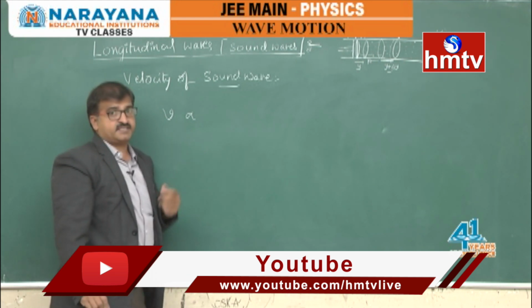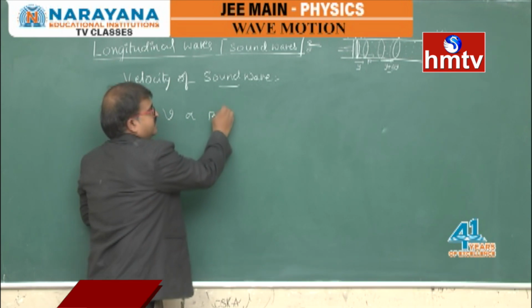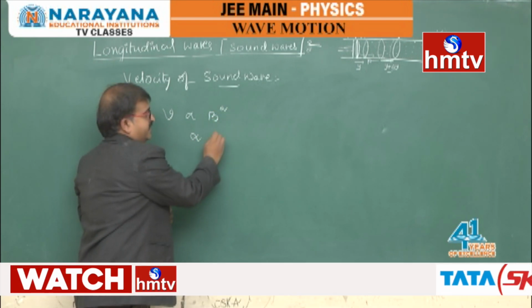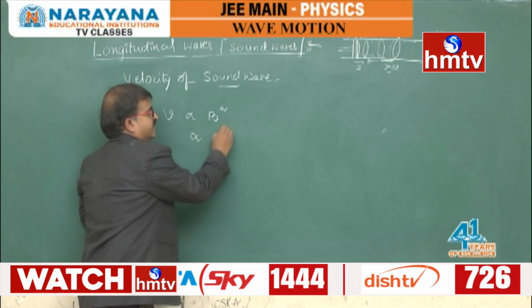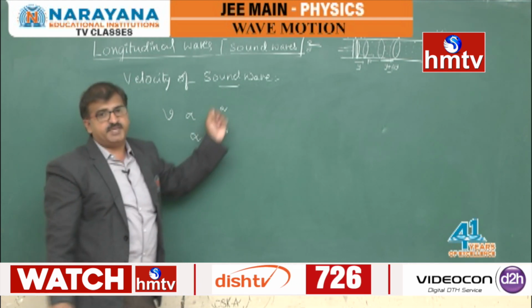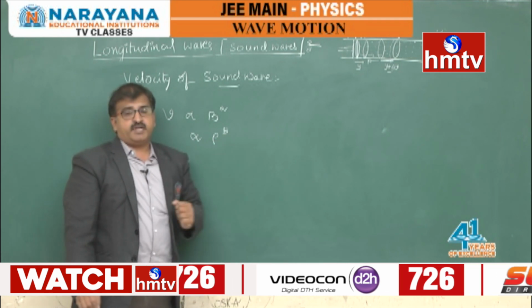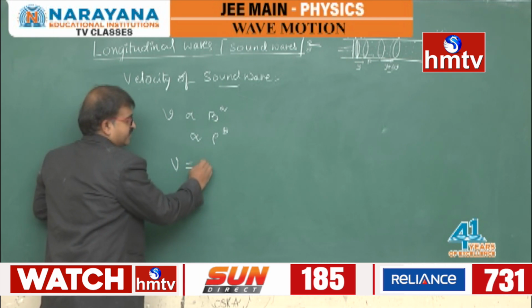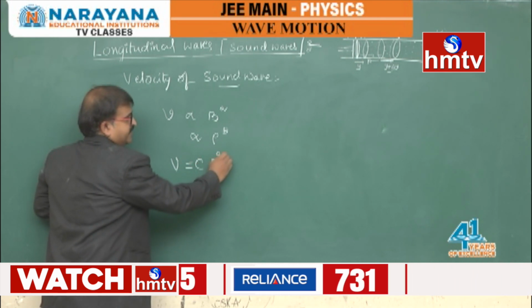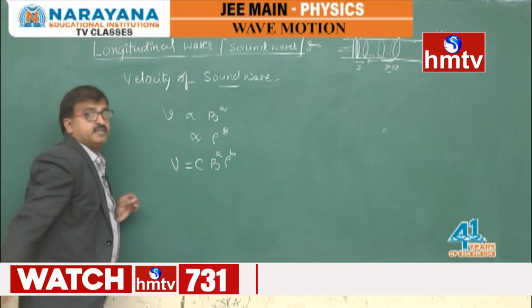Based on that, velocity depends on the bulk modulus and also on the density. If it is proportional to B power a and rho power b, then V equals some constant C times B power a and rho power b.